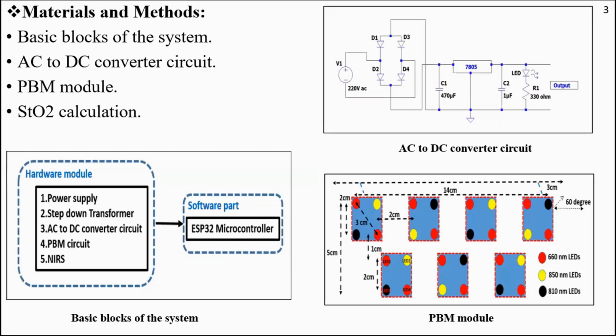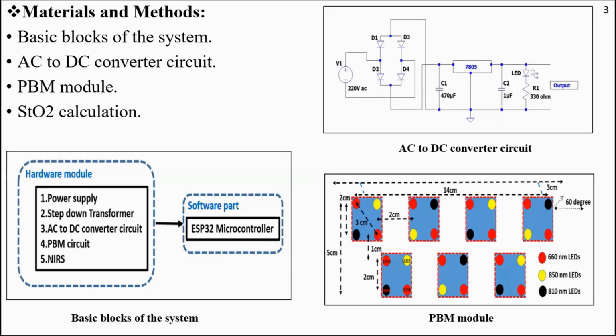Here there are a total of 7 blocks, and every block has 4 circles. The red circle represents 660 nanometer LEDs, the yellow circle represents 850 nanometer LEDs, and the black circle represents 810 nanometer LEDs. The blocks are divided between 2 rows.